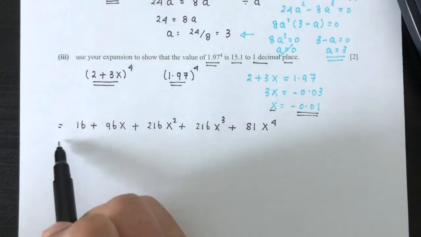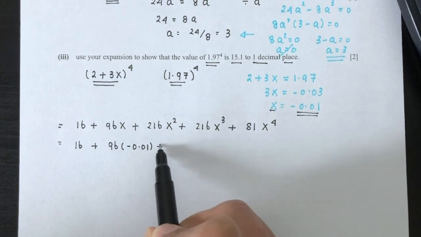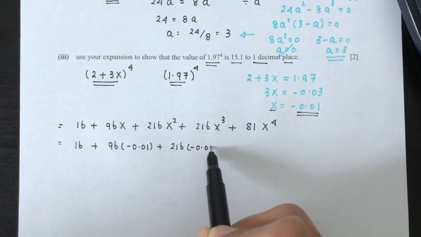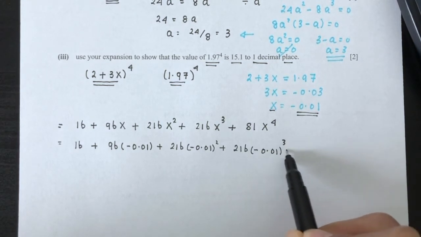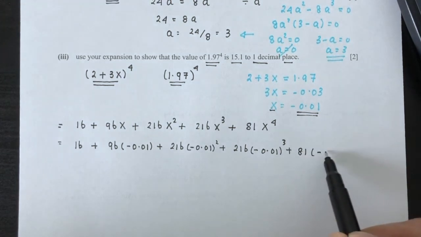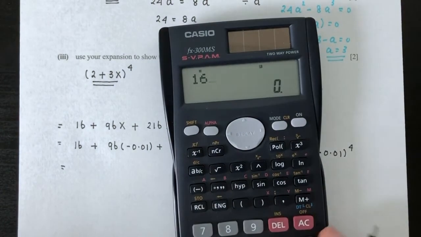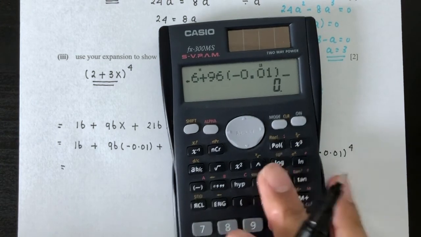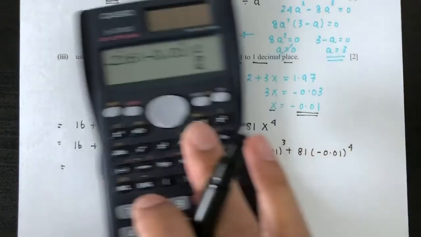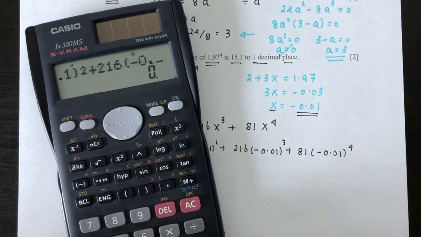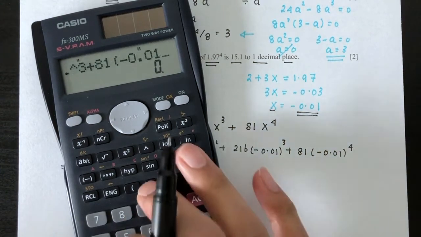So let's do that. You will have 16 plus 96 times minus 0.01, plus 216 times minus 0.01 squared, plus 216 times minus 0.01 cubed, plus 81 times minus 0.01 to the power 4.